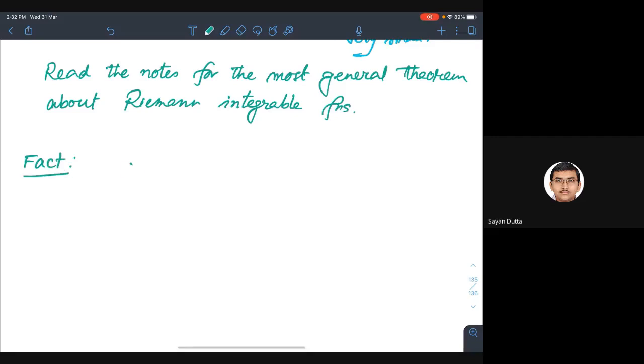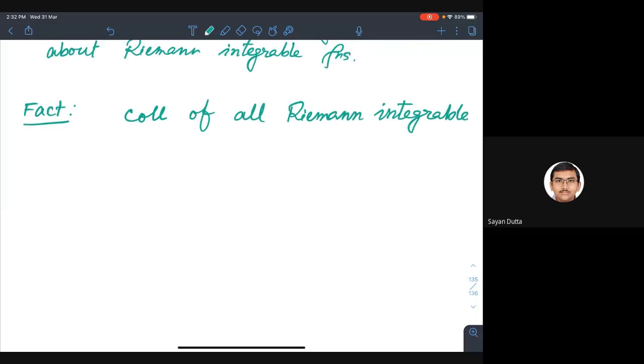The collection of all Riemann integrable functions forms a vector space. Right?